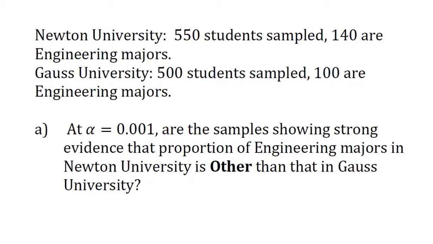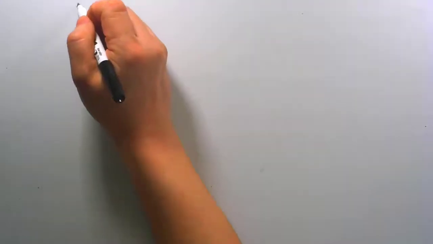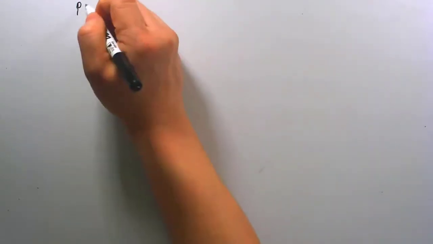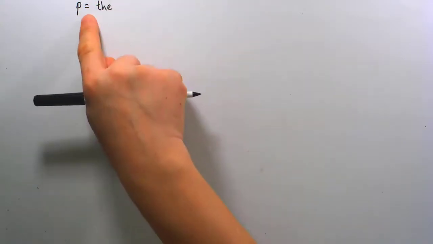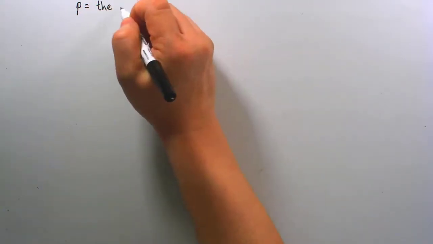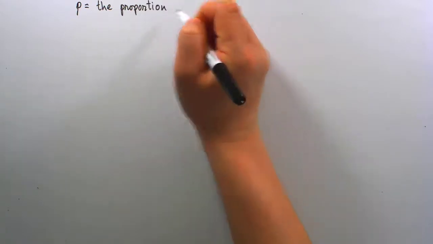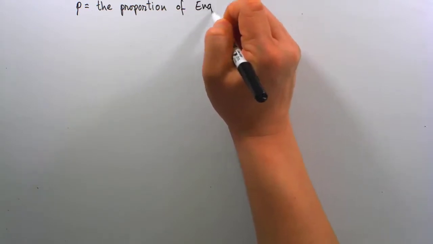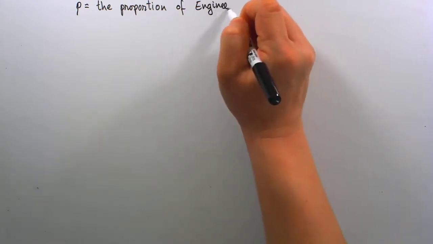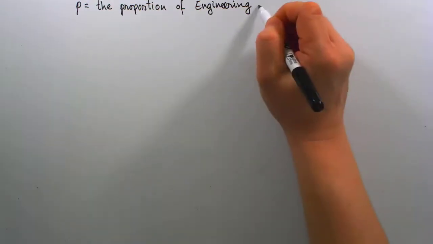And so now from that understanding, and this is even before I get into any of the question here, we can define for ourselves the main population proportion here to be, how about let's call that lowercase letter p, to represent the proportion of engineering majors.